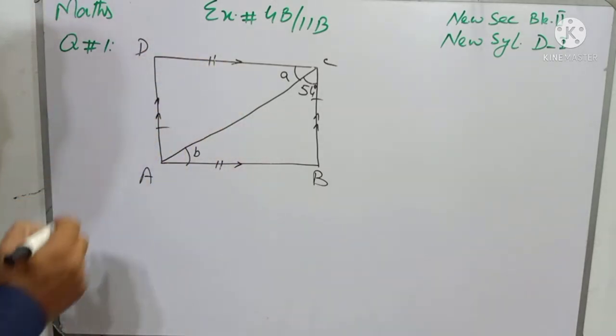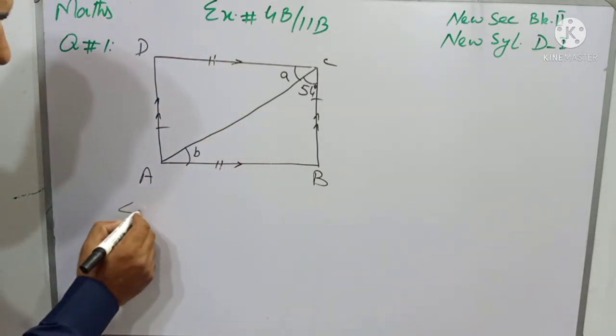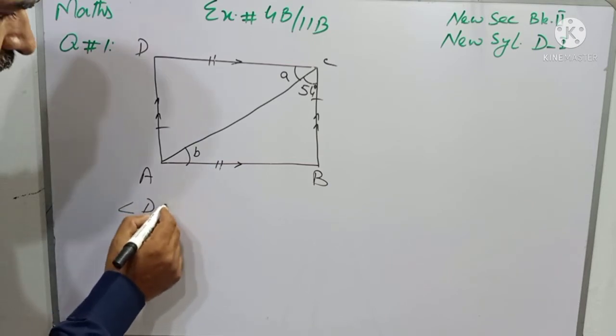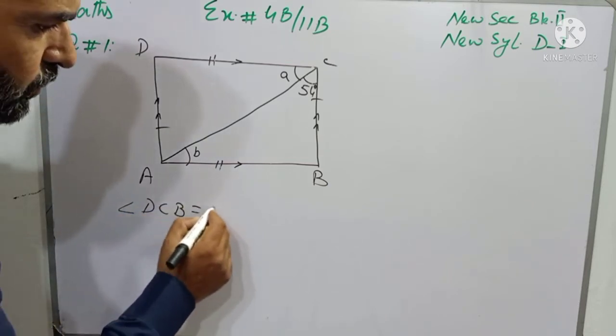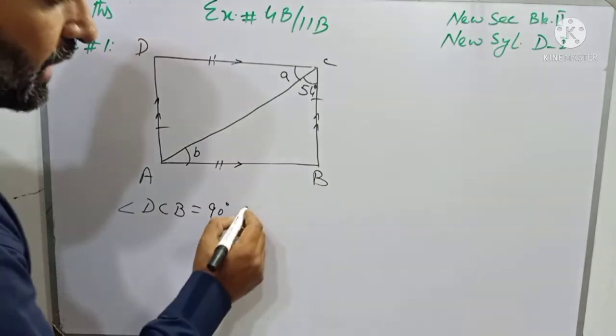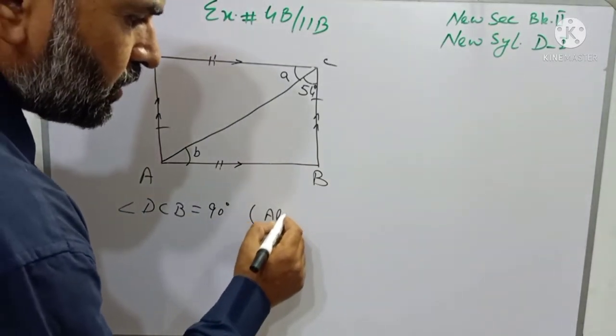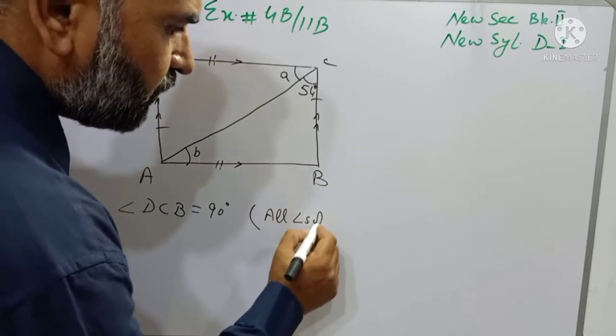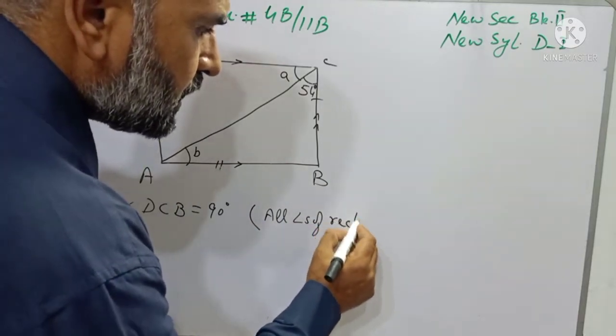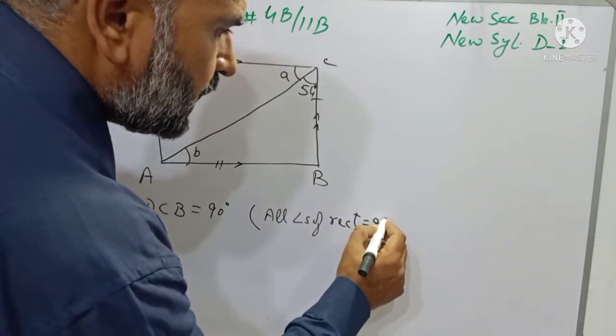So students, first we will write that angle DCB is equal to 90 degrees, and the reason is all angles of a rectangle are equal to 90 degrees.